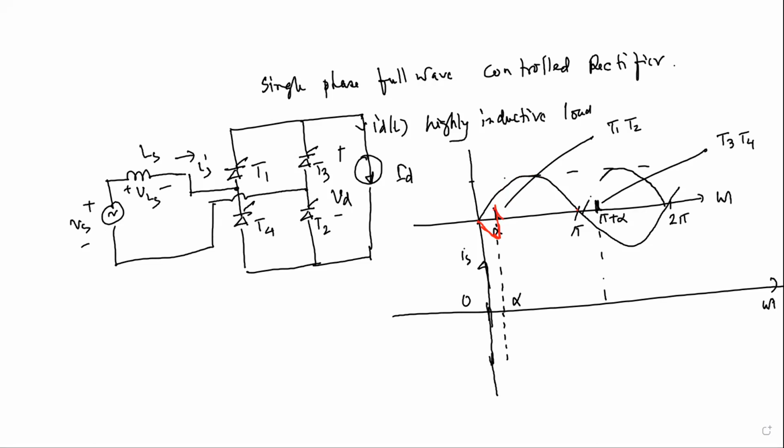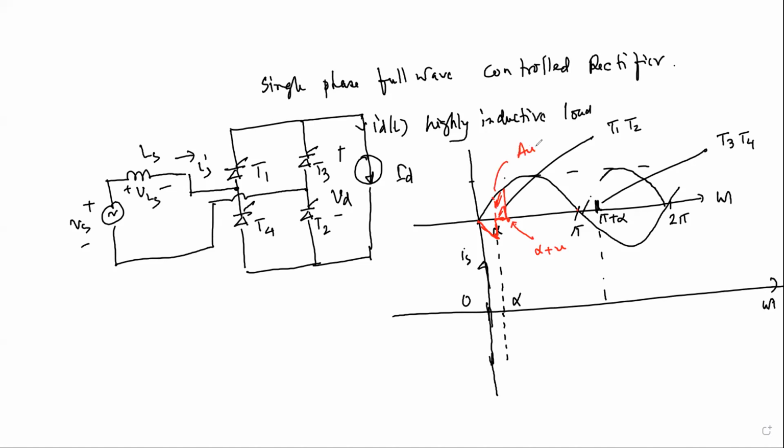there will not be any voltage during the commutation. There will be commutation here, because during this commutation, this point is your alpha plus u.